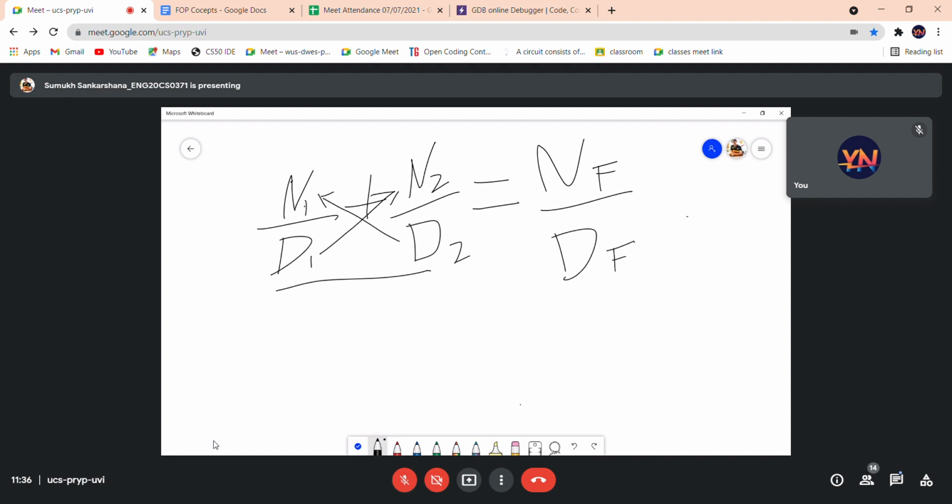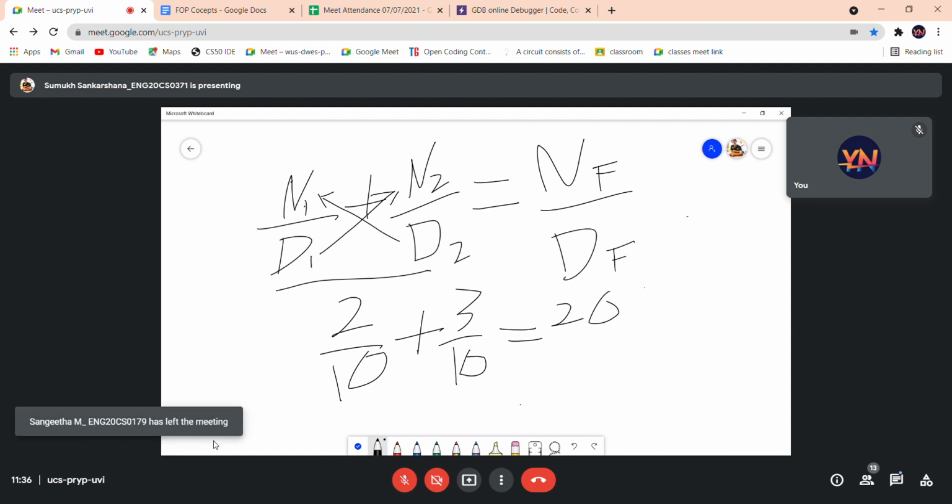Now suppose we take an example of 2 by 10 plus 3 by 10. When we add it in maths, it's going to be 5 by 10. But if we do it in this method, it's going to be 20 plus 30 by 100.